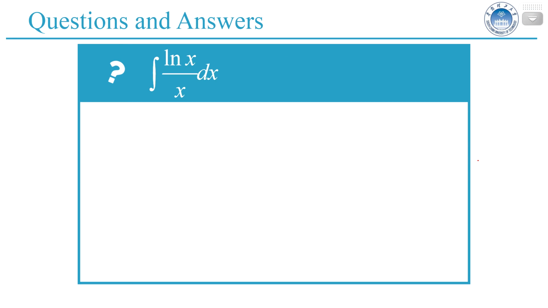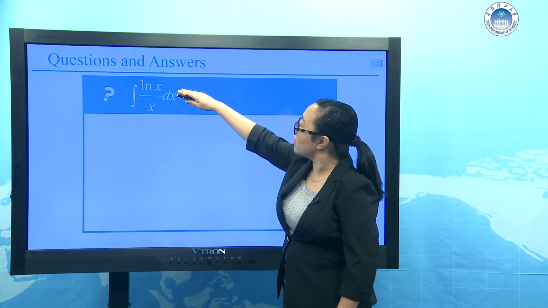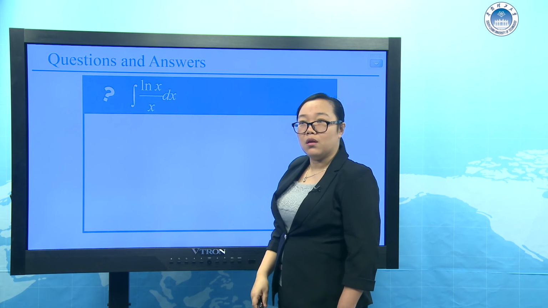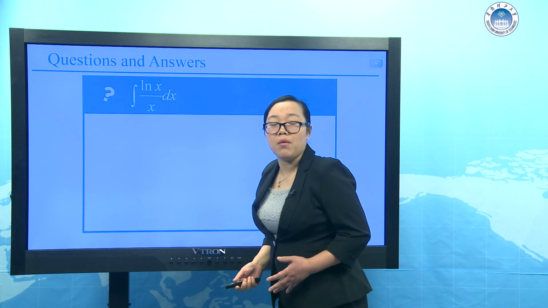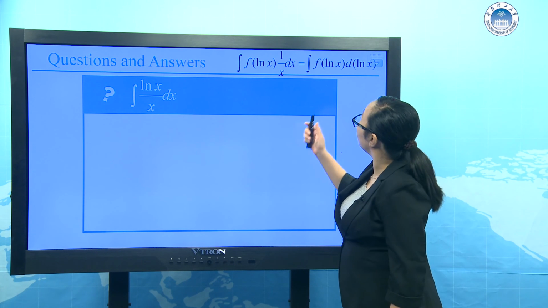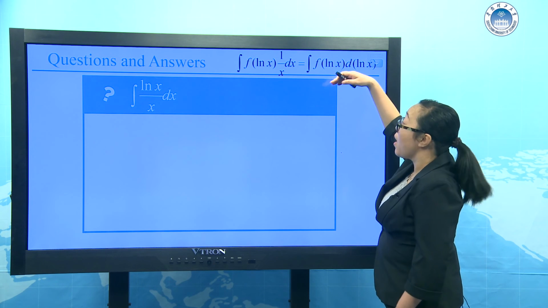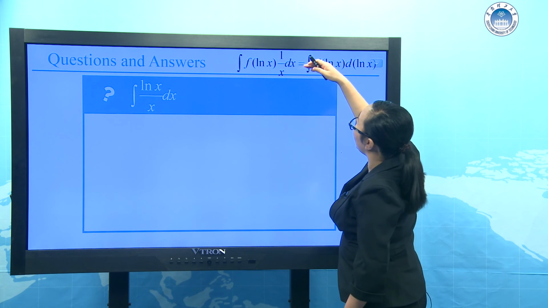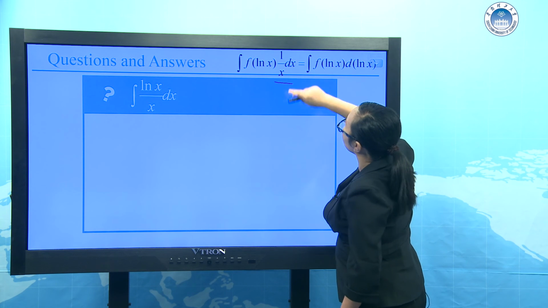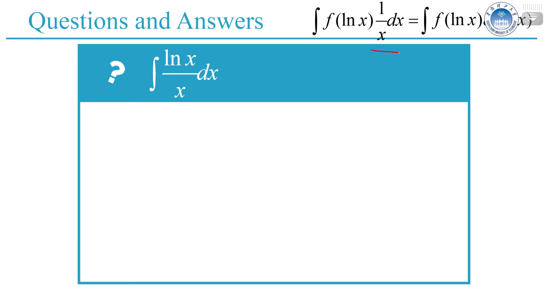Now look at the following questions. Look at question 1. Log x over x. We have studied many formulas about the indefinite integral. Do you remember this formula? f(u) times 1 over x dx. 1 over x you can take in, so it becomes f(u) du.